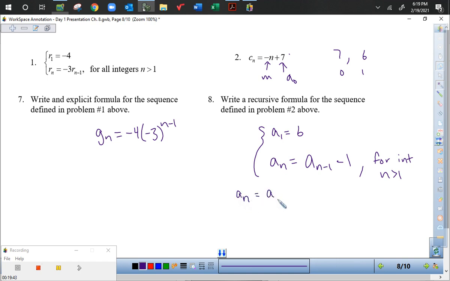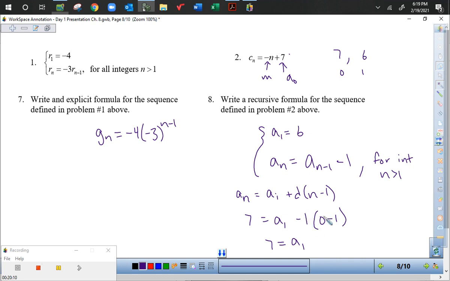It says that the first term you can take d and then n minus 1 here. We know the 0 term, so we can say that the 0 term is 7. We're trying to solve for the first term. We don't know it. We do know the common difference is negative 1, and we know n in this case is 0. So then solving, we get 7 equals first term.